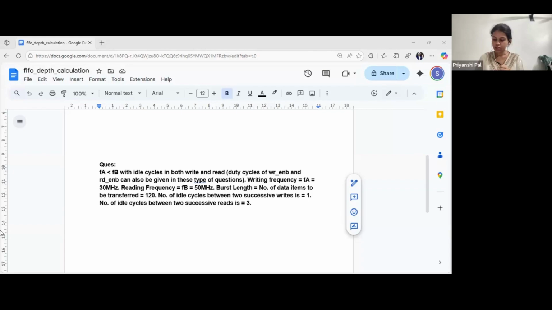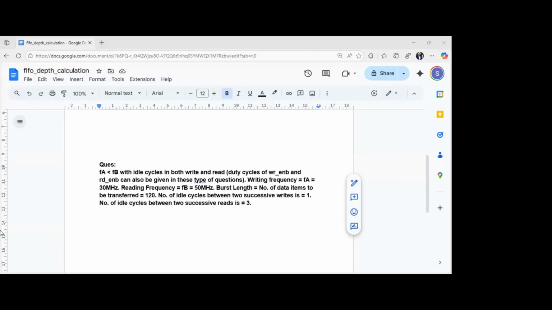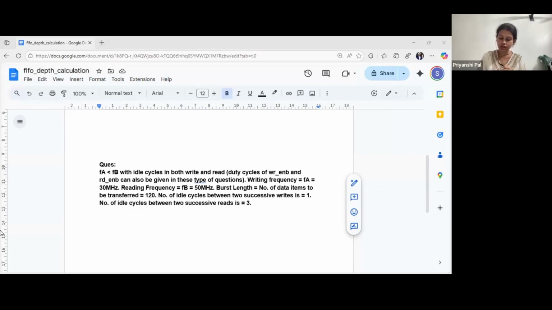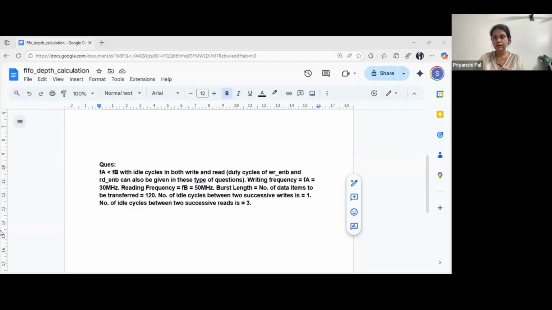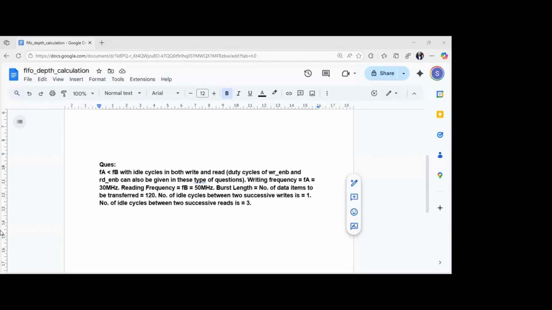Ma'am, I'm getting minus 80 for this one. I went ahead with a time for B as 40 nanosecond and for A as 66 nanoseconds. What is the read time? 40 nanosecond. No, it will not be 40.